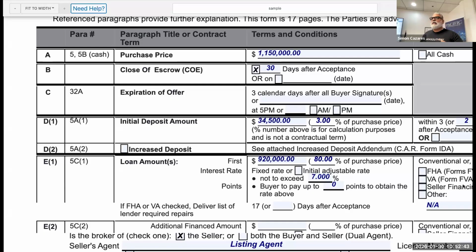If you want a little bit more clarity on expiration of offer, go to paragraph 32A, and it's going to give the answer to you and your clients. It's already defaulted at 3 calendar days. What does that mean? Calendar days versus business days. Anyone? What's the difference between calendar days and business days?